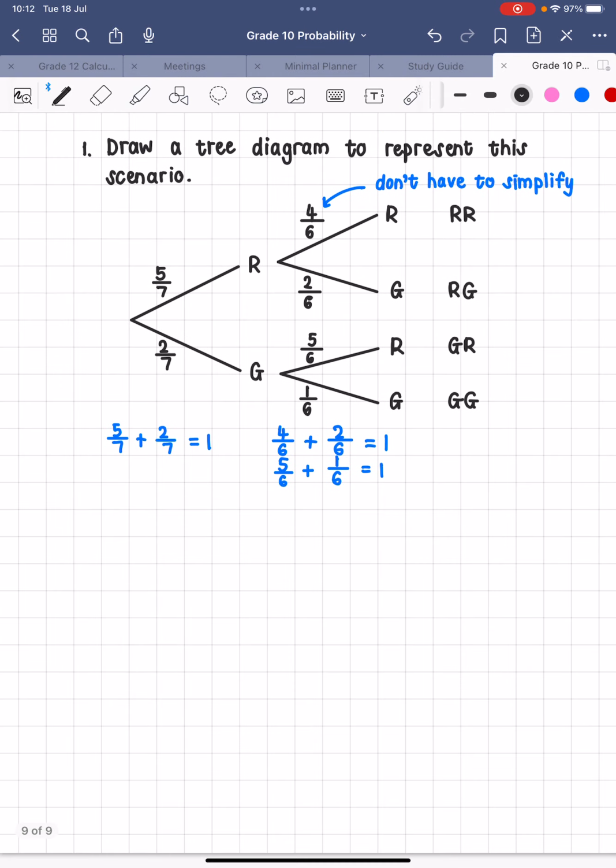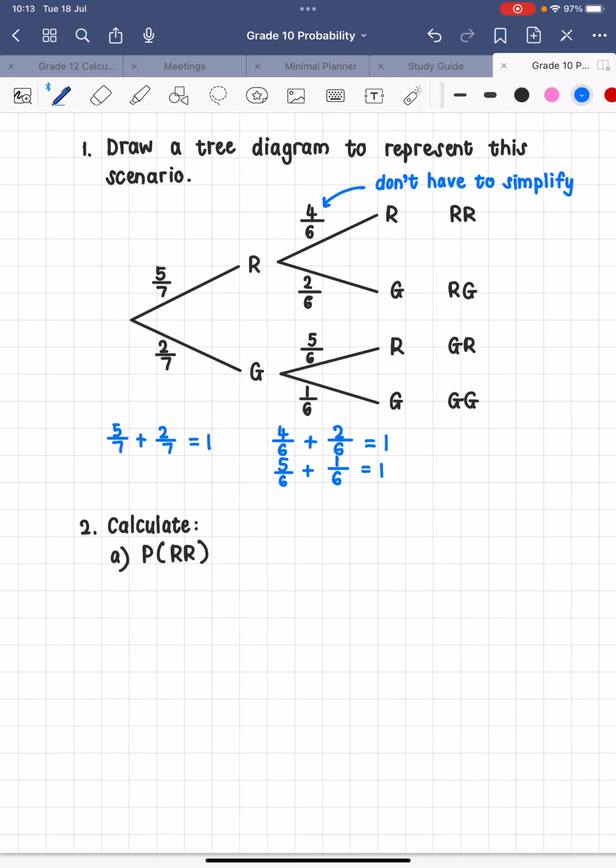Okay, number 2, we're just going to quickly calculate some probabilities from this tree diagram. So question 2. Calculate the probability of red, red. So that means a red sweet and then another red sweet.